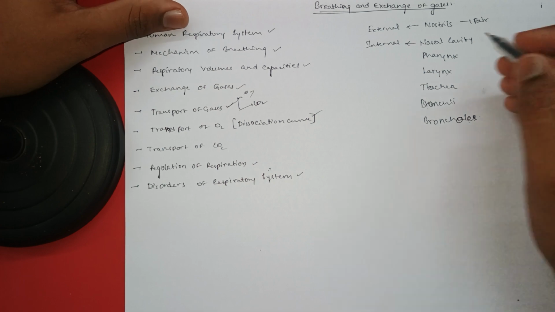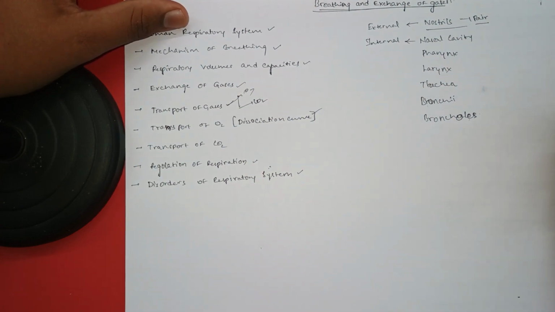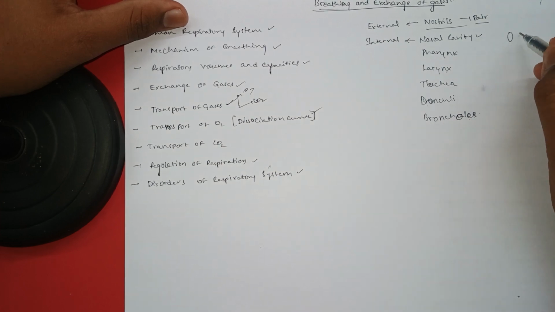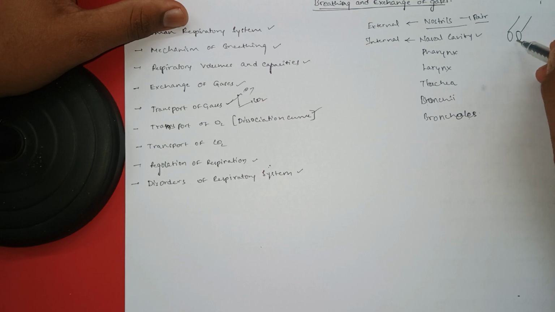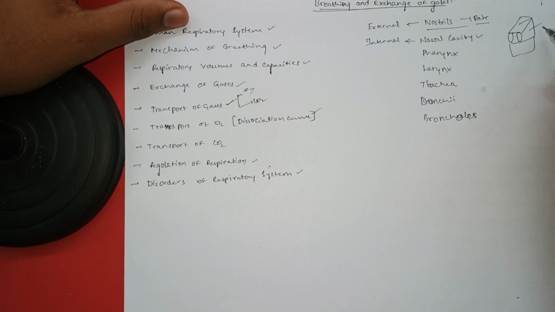So coming to nostrils, as I said, we have one pair of nostrils which are external organs. Those are the two holes which are present. After that, the nasal cavity, it is a passage. If these are the nostrils, this passage is called your nasal cavity or nasal chamber. One is the oral cavity, the other one is the nasal cavity.